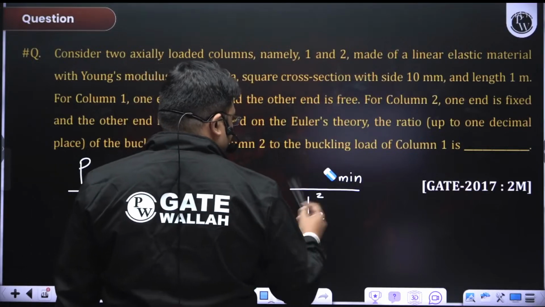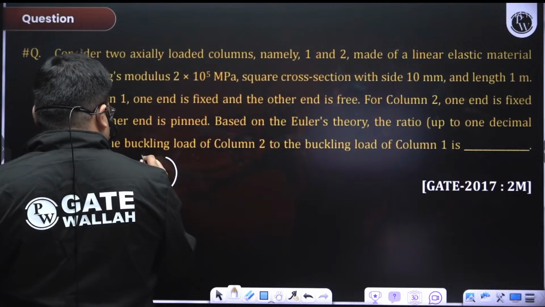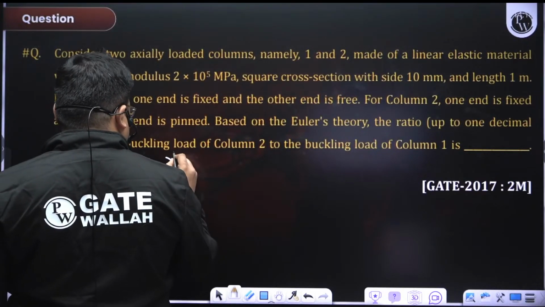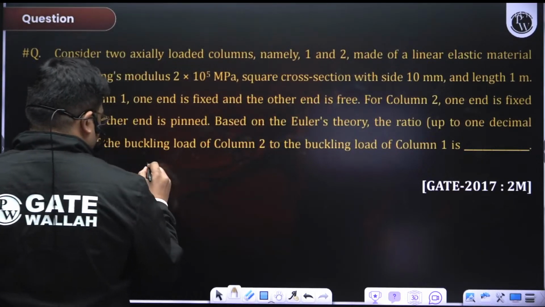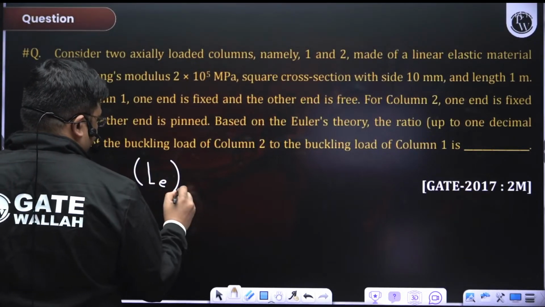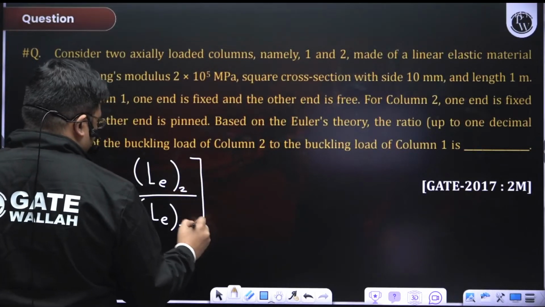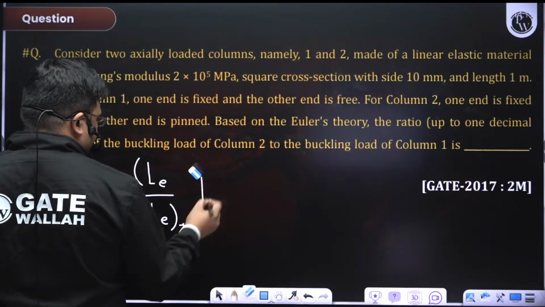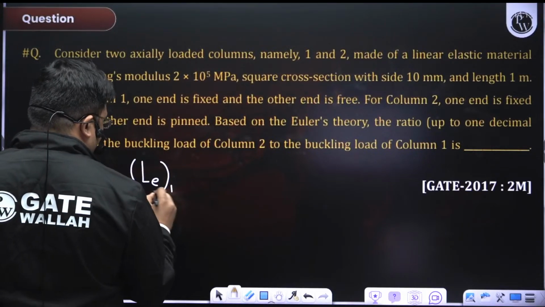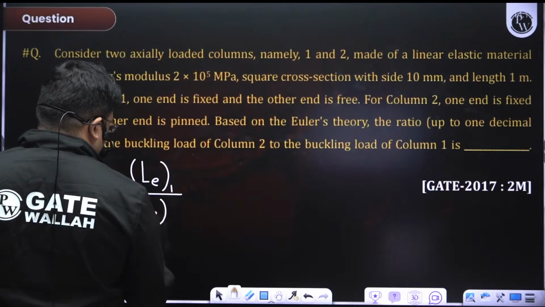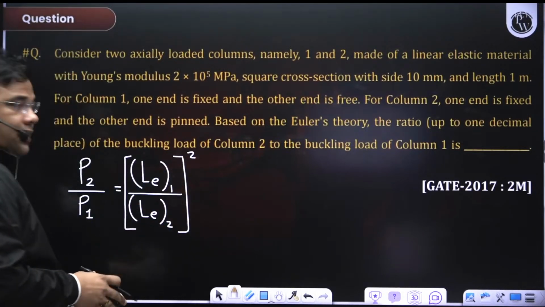So when I take the ratio of their buckling loads, it will be the reciprocal of the effective length of 2 by effective length of 1, whole square. Sorry, I can say it will be effective length of 1 by effective length of 2 whole square, because buckling load is inversely proportional to the effective length square.